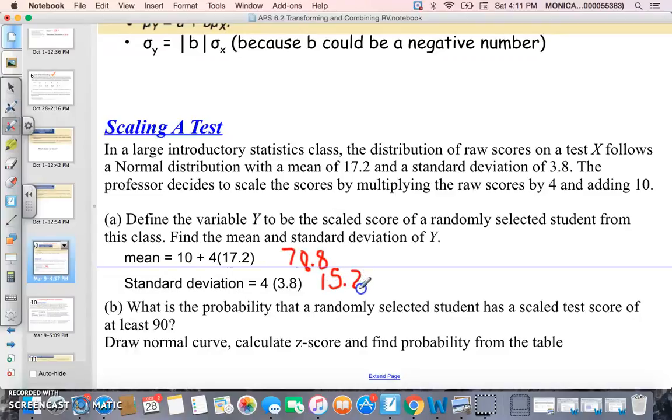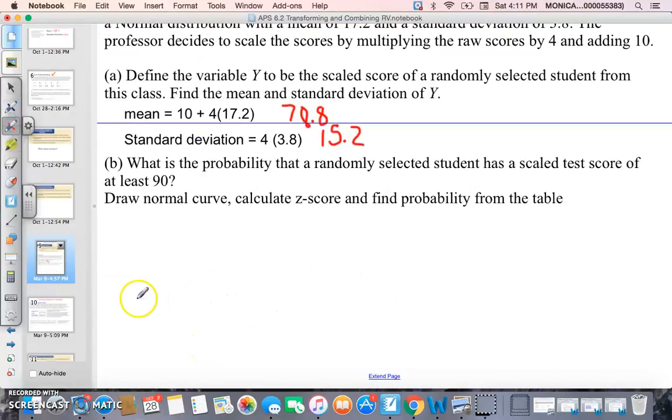And now let's review what we learned in Unit 1. What's the probability that a randomly selected student has a scaled test score of at least 90? And so this is where we got to draw our curve, right? And in the middle, right here is 78.8.